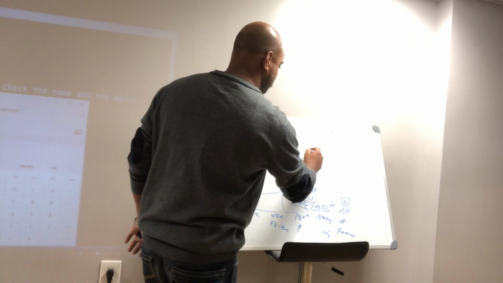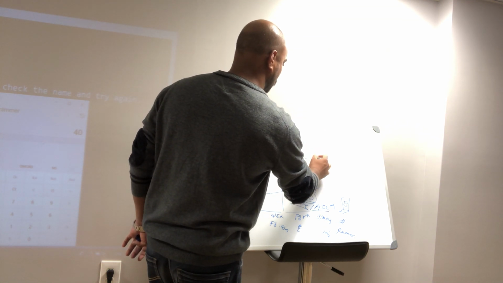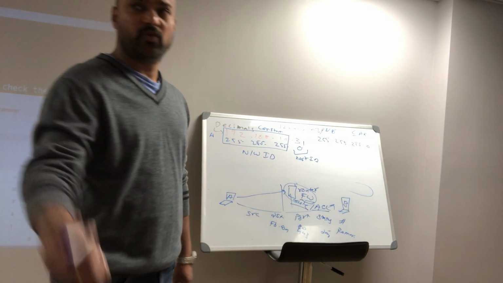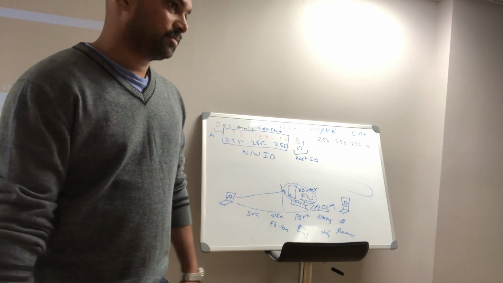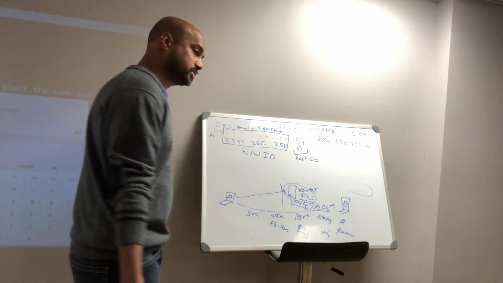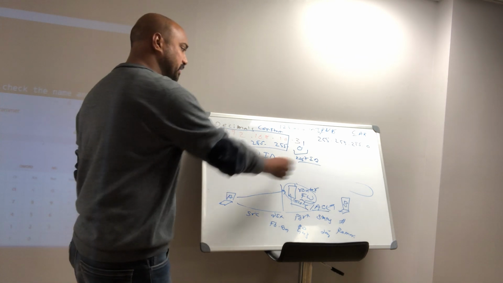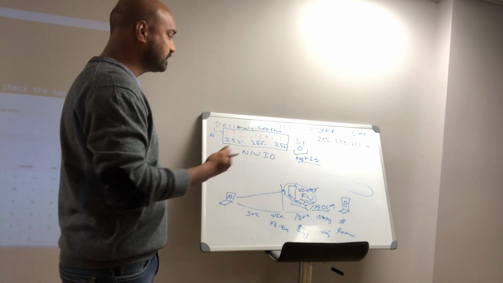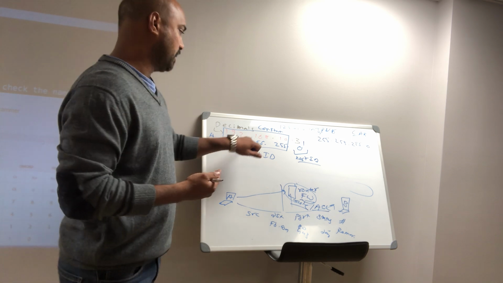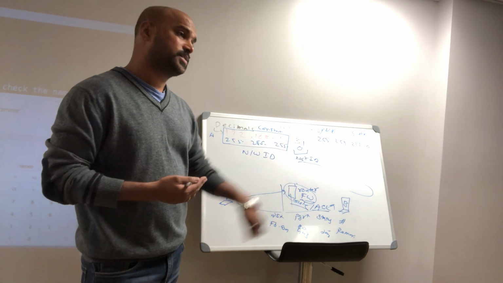And this part is the host ID. Host is nothing but your device, your phone, your laptop, your projector. Any device that gets an IP address is a host, and hence it's called a host ID. So in your IP address, there are two segments: one is the network ID, another is the host ID.